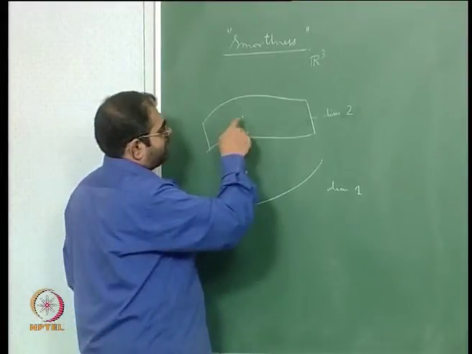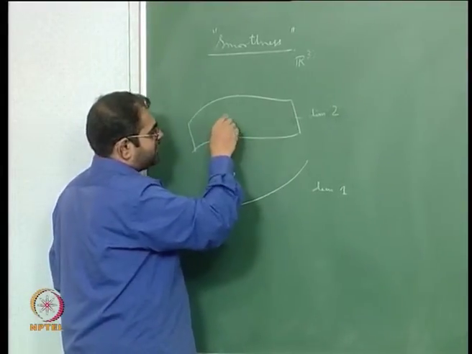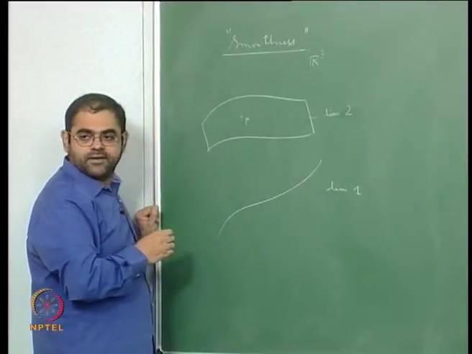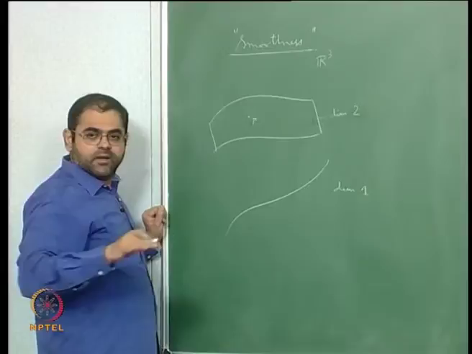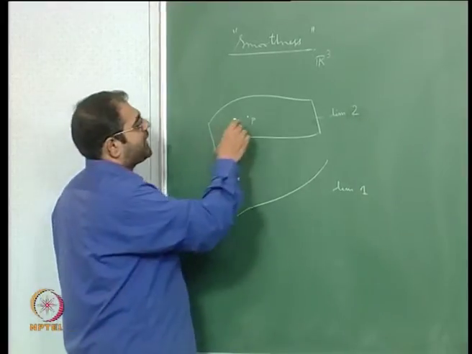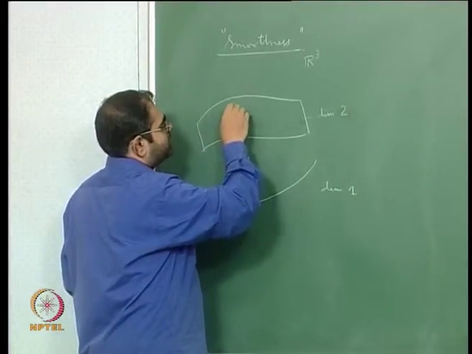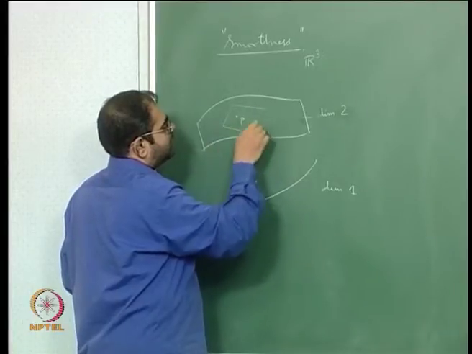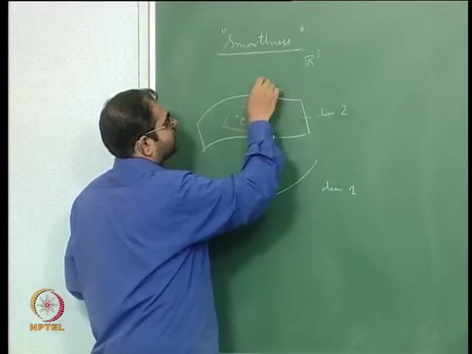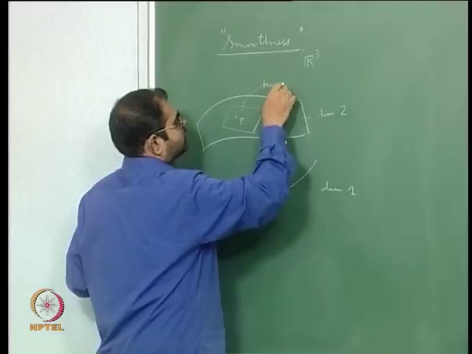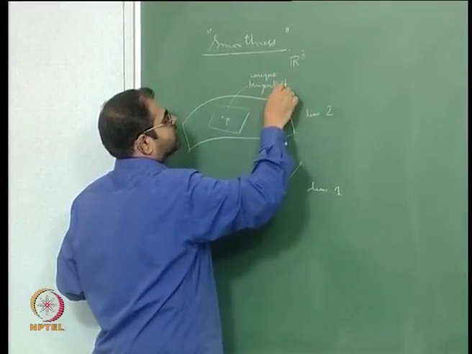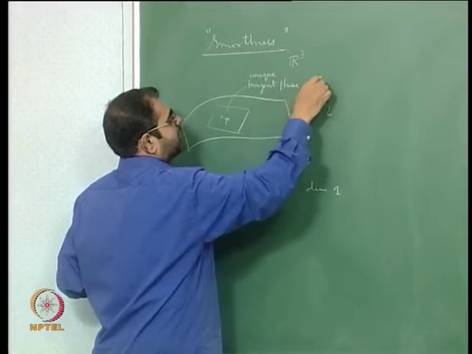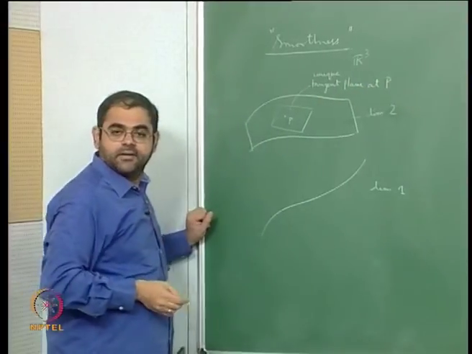And if the surface is smooth at the given point P, then the tangent space will also be 2 dimensional. So you will get a unique tangent plane at the point P.